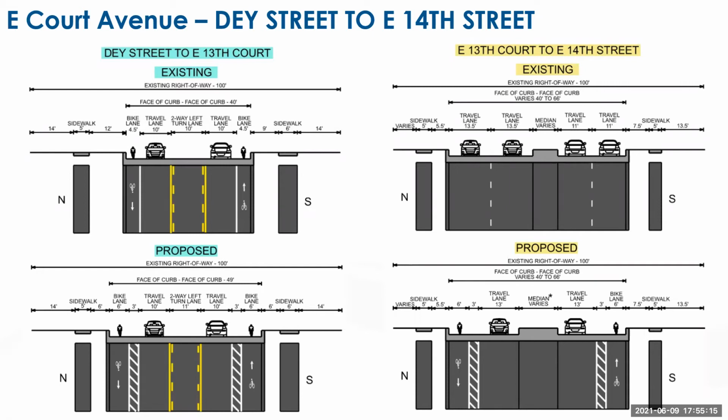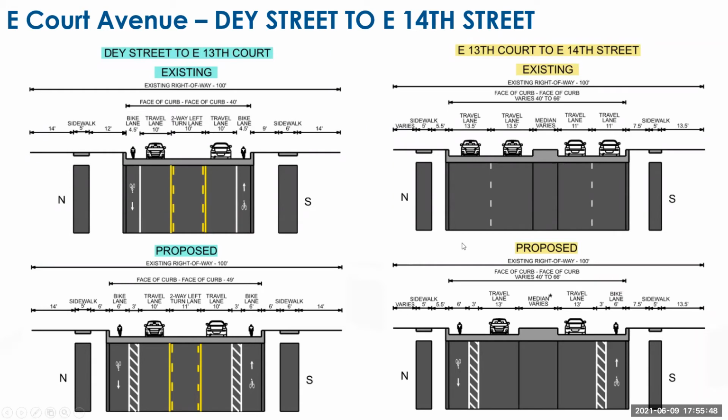And so what we are proposing is, the current cross section includes a 2-way left turn lane again, so traveling in either direction, and conventional bike lanes. And we're proposing to maintain that cross section with the 3 travel lanes, but widen out slightly to allow for a wider bike lane and this buffer area to give cyclists that extra space between the travel lanes.